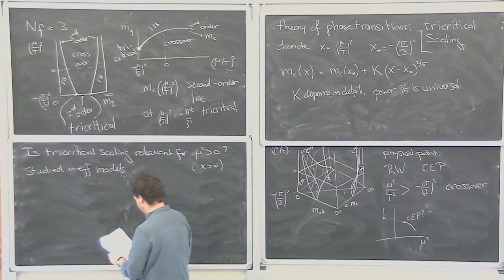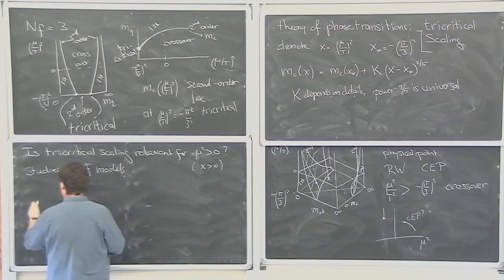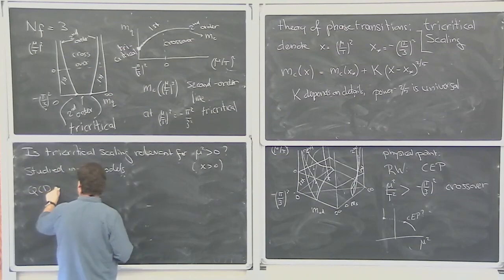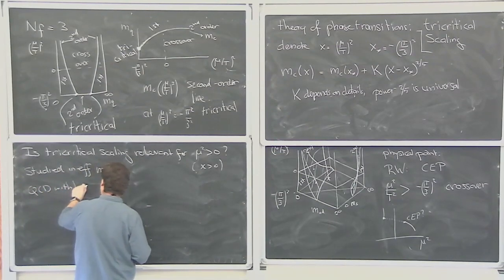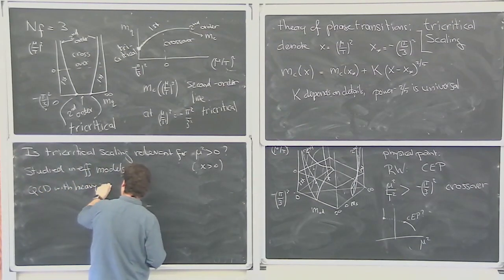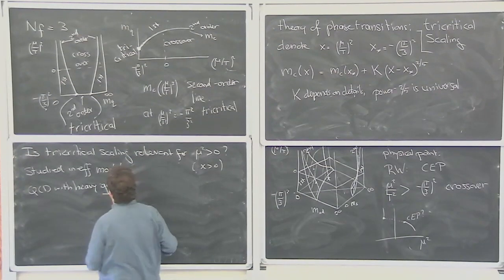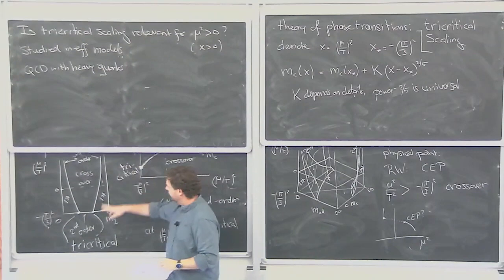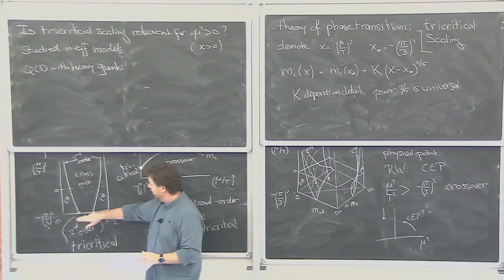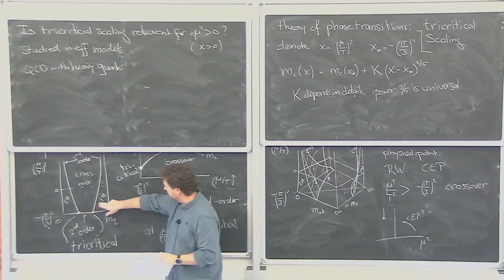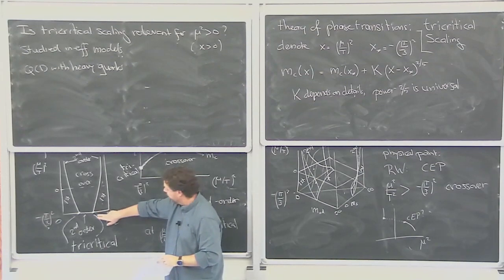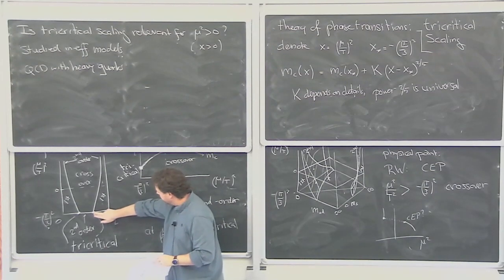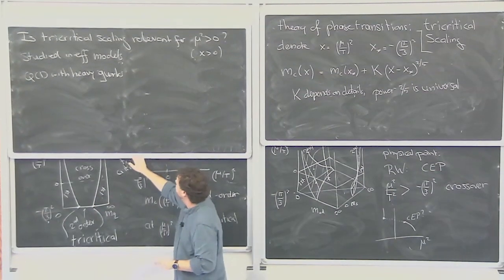And the models that have been studied are either QCD with heavy quarks. Of course, I've given the reasoning for light quarks here on this surface, but the same holds for heavy quarks on this surface or this line. So you can investigate the tricritical scaling on this side of the diagram.